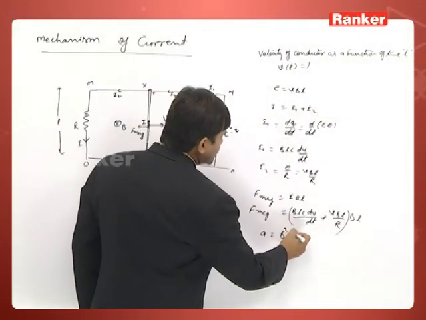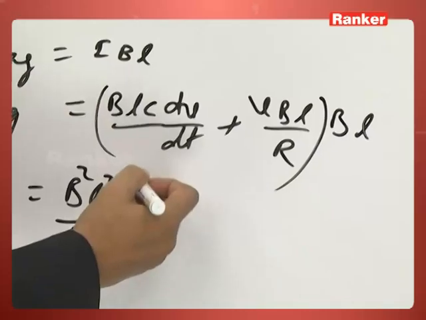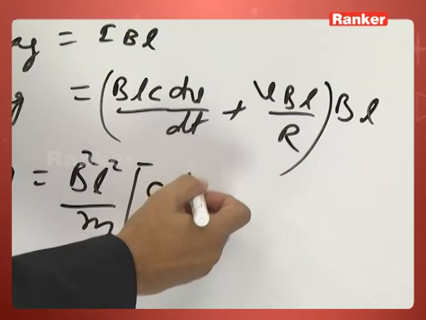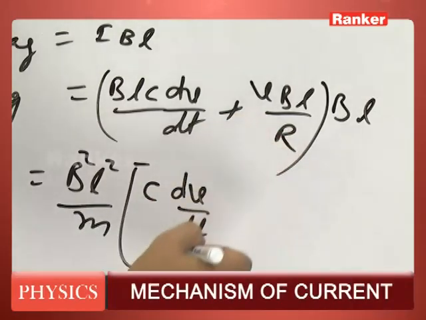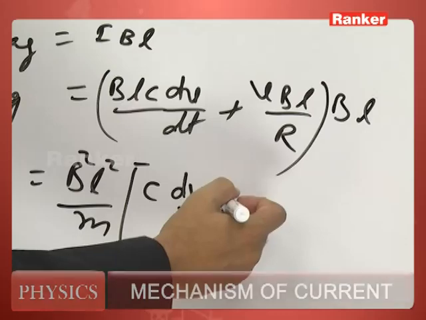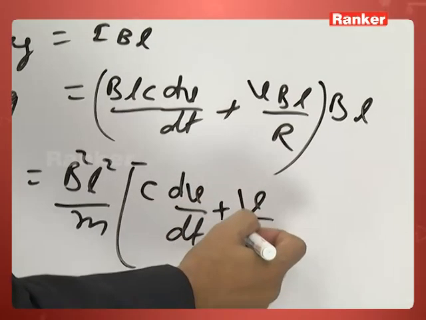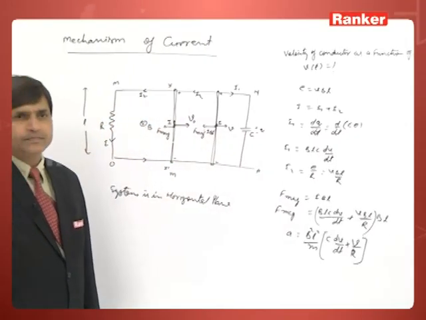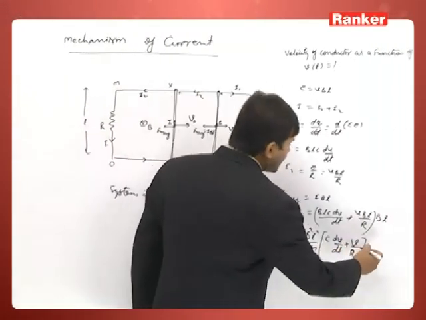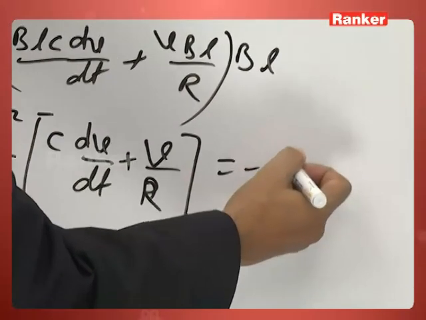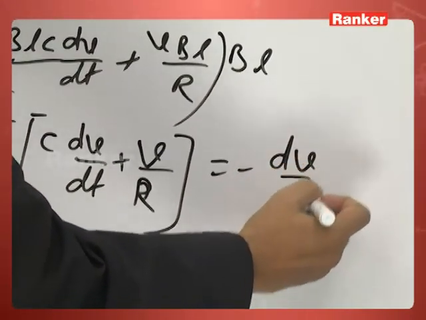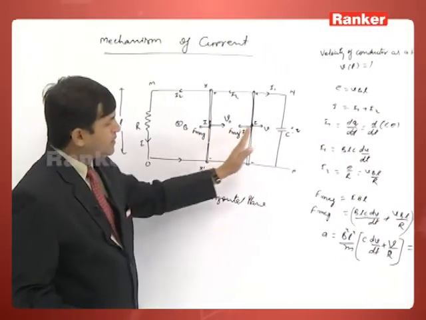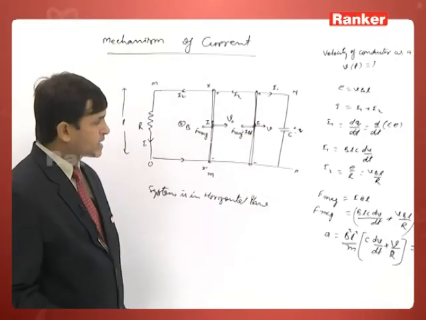So B square L square by M we can take common here, then this is C dV by dt plus V by R. This is the acceleration, and after that this can be written as minus dV by dt, because in fact the force is acting in the leftward direction and velocity in the rightward direction.